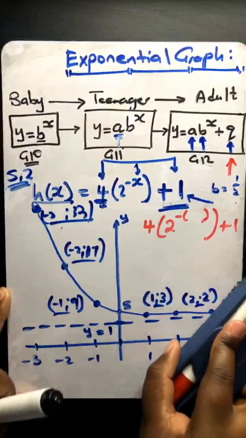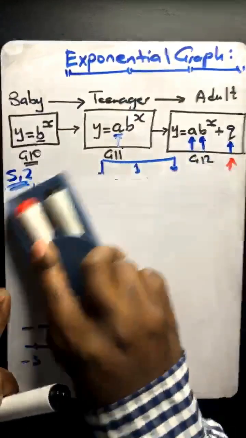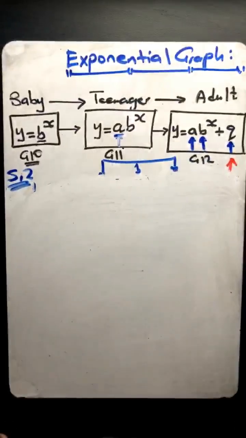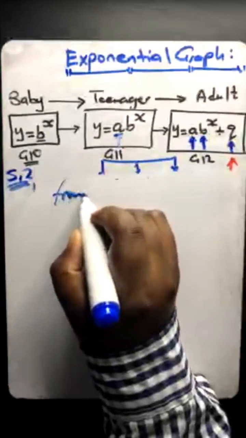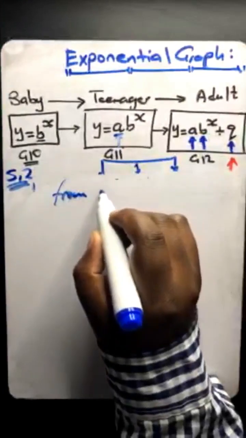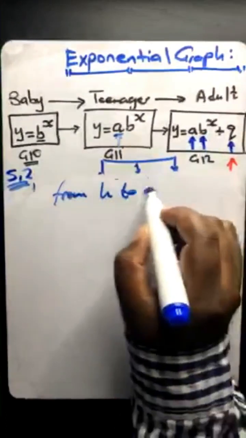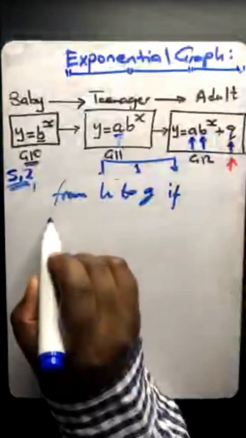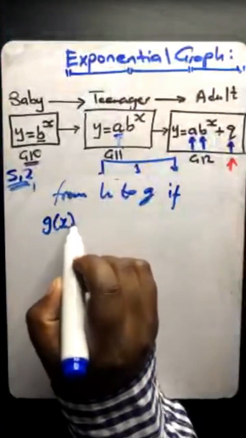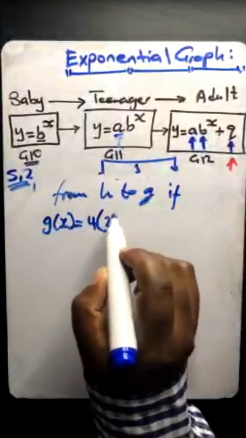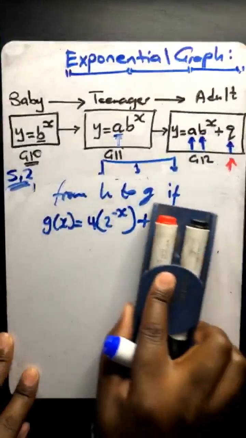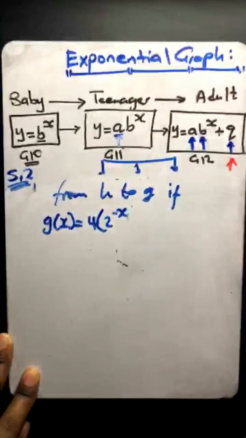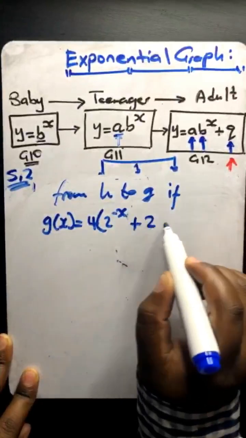So now, quickly, let's wrap up our lesson for today by looking at that last question. The last question says, describe the transformation from h to g if g of x is equal to 4 times 2 to the exponent x plus 2.